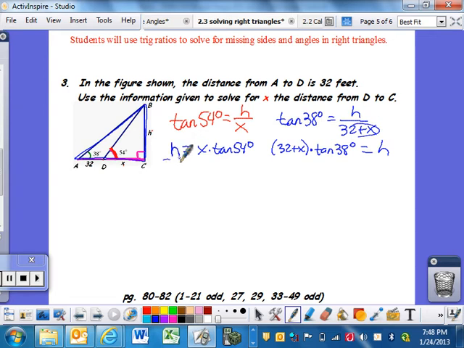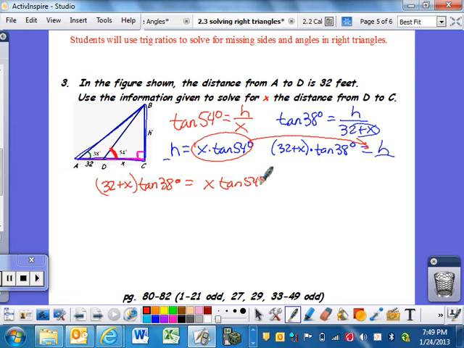Now since I have equal to h in both cases, I now can set up these two equal to each other. Okay, so basically h equals this. So I'm going to take this guy and plug it in for h. So I'm going to say that (32 plus x) times tangent of 38 degrees equals x times tangent of 54 degrees.